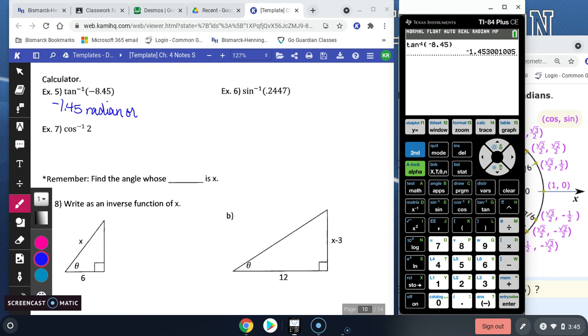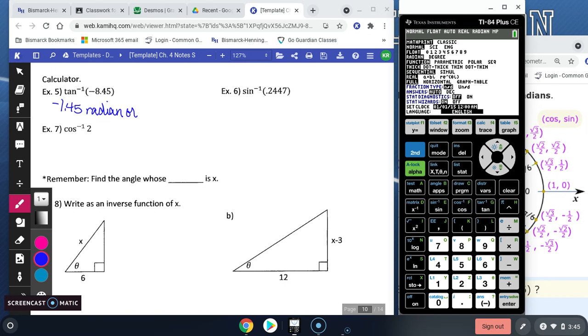However, I didn't specify if I wanted you to do radians or degrees, so it's your choice. You can give me either one. If we go back to mode, we can change our radians to degrees.